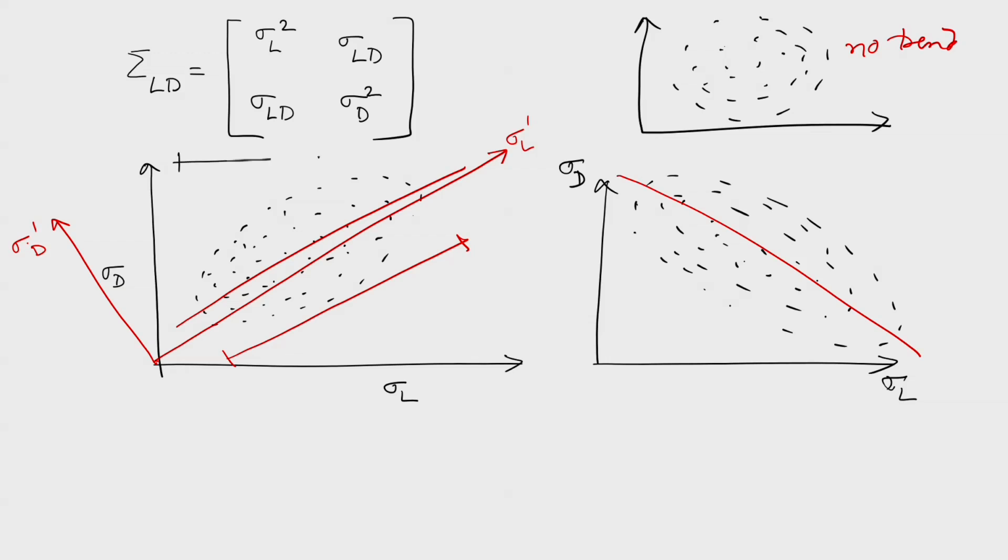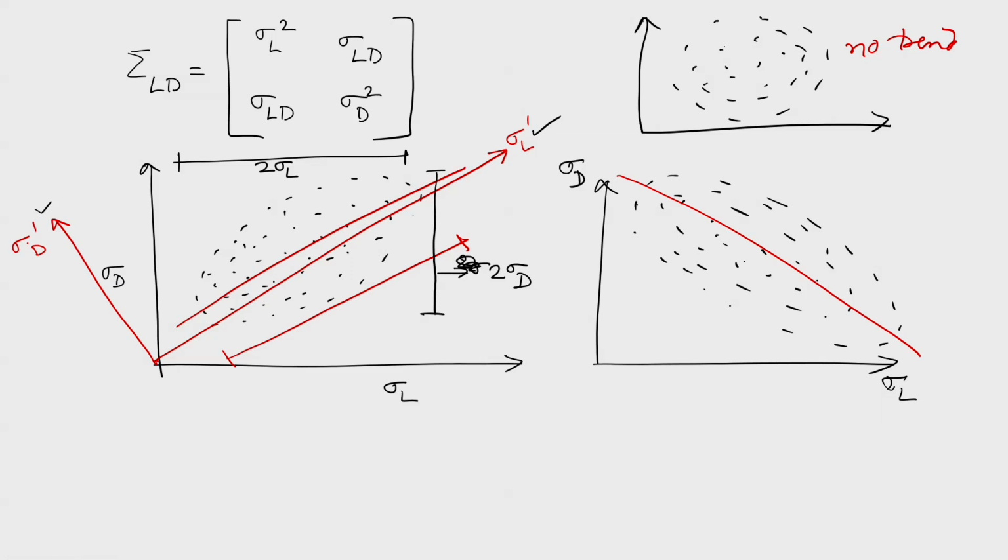This spread along L is 2 times sigma L, and the spread along D is 2 times sigma D. Then what should be the values of sigma L dash and sigma D dash, such that they are uncorrelated?